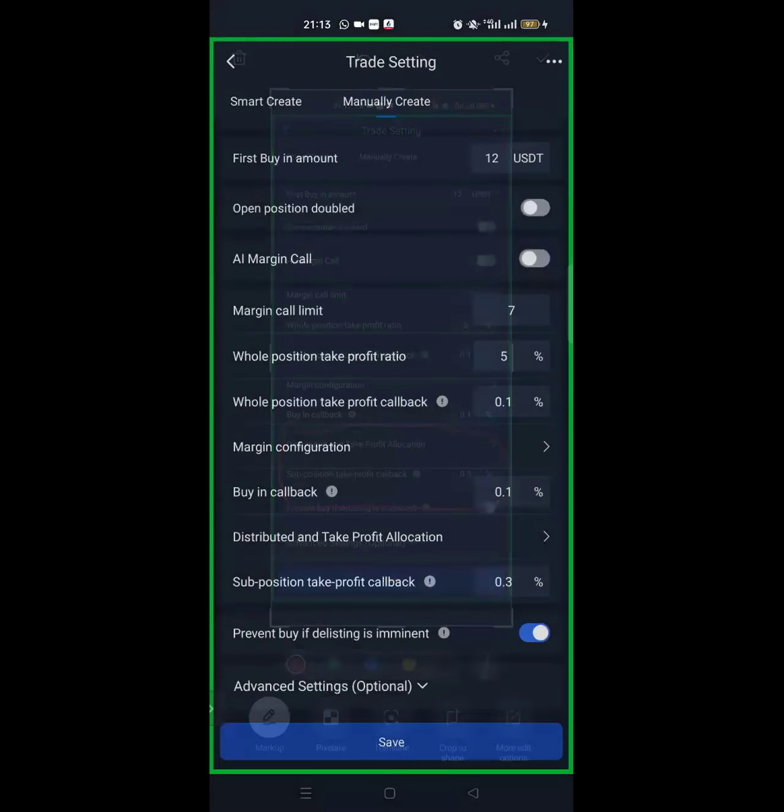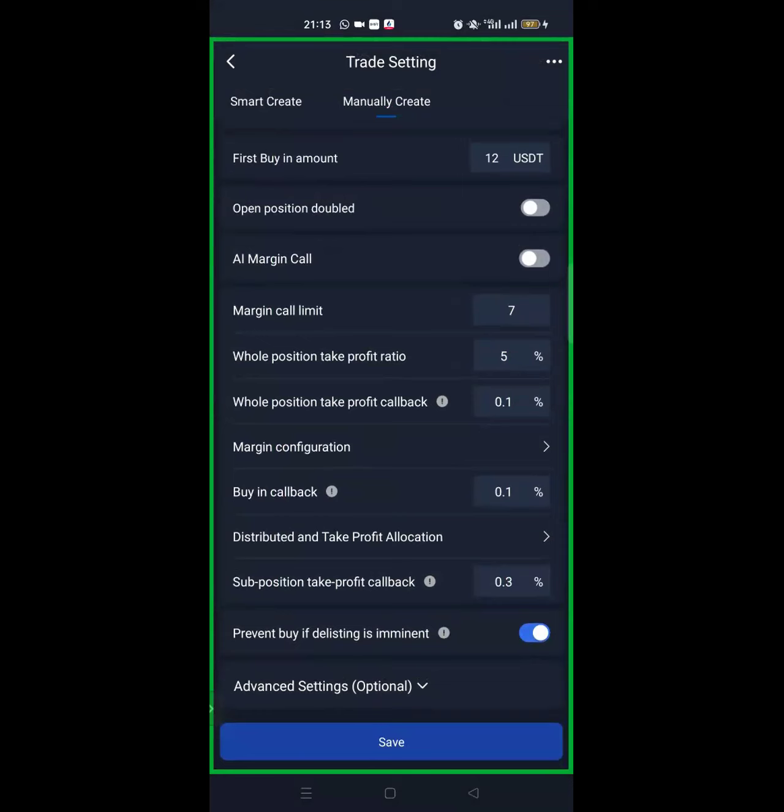So I believe I've been able to explain what is going on here: callback, buying callback, and the rest. Prevent buy if the coin is delisted: make sure this is always on.